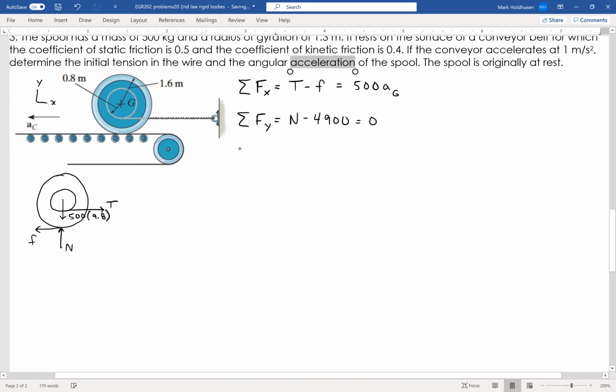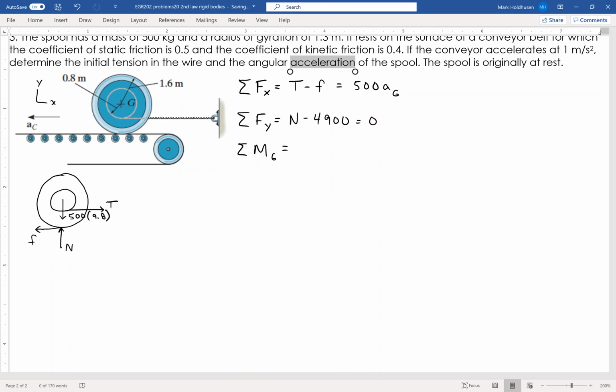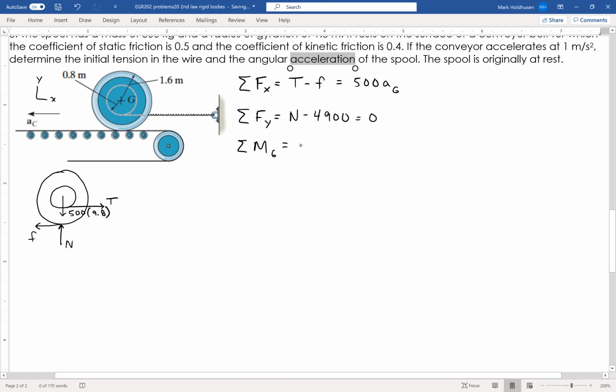Now I'm going to sum the moments. I have to sum the moments about G because there is no point of pure rotation here. So summing the moments about G, I have 0.8 times the tension. That's going to create a positive moment, and then a negative moment of 1.6 times the friction.